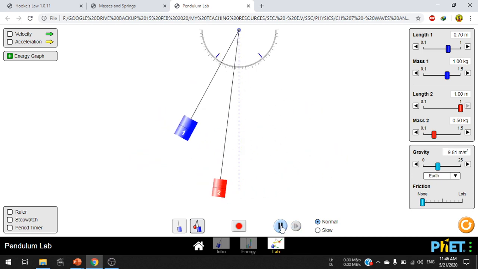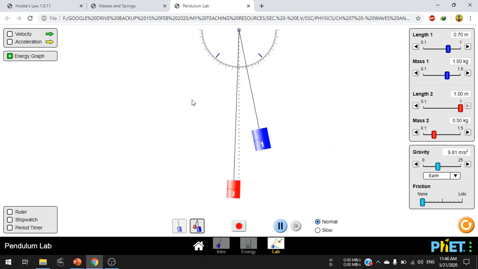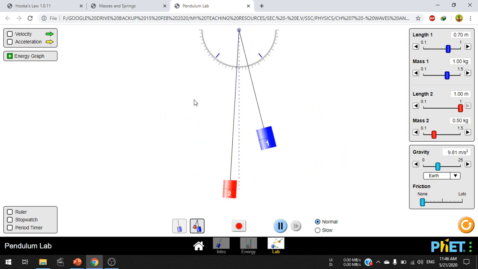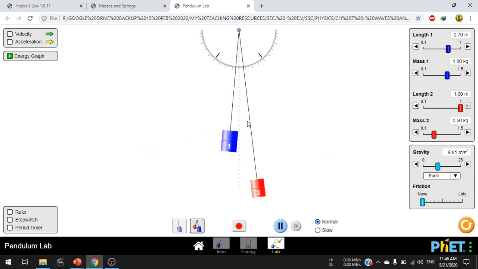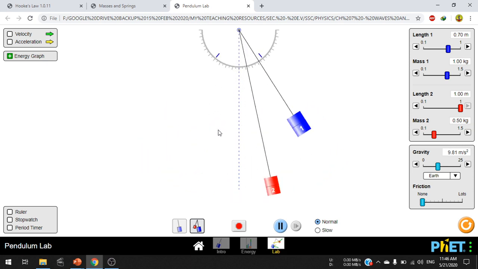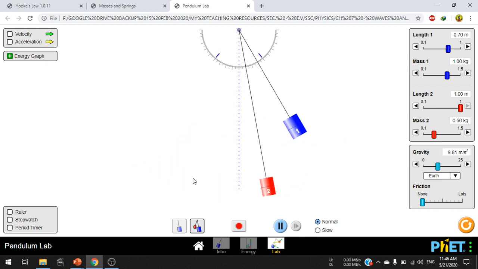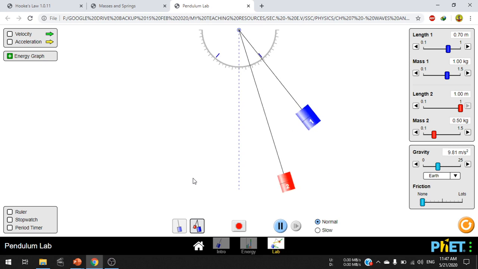We see the number one pendulum, which has shorter length L, has shorter time period, and number two that has larger length has a higher time period. So if you increase the length, the time period will also increase.